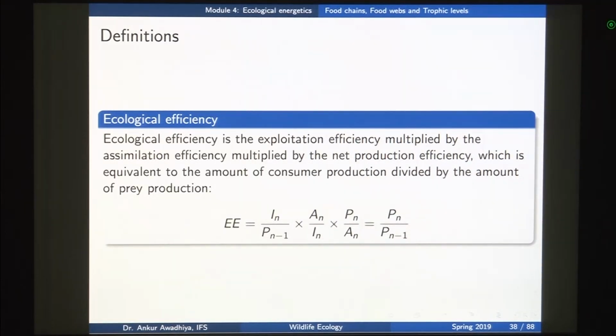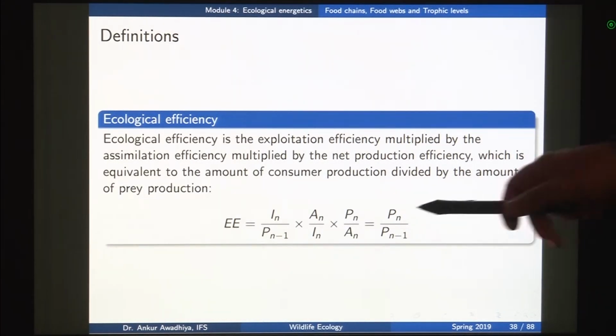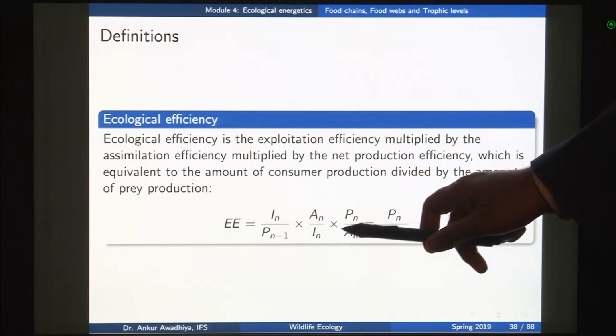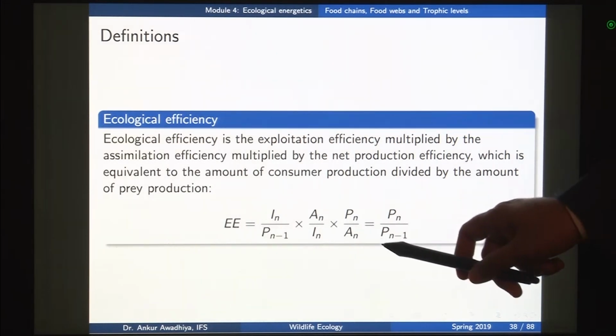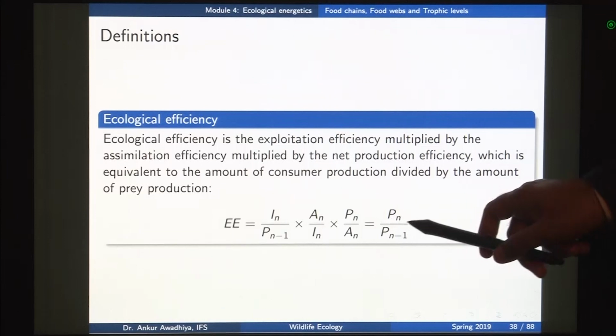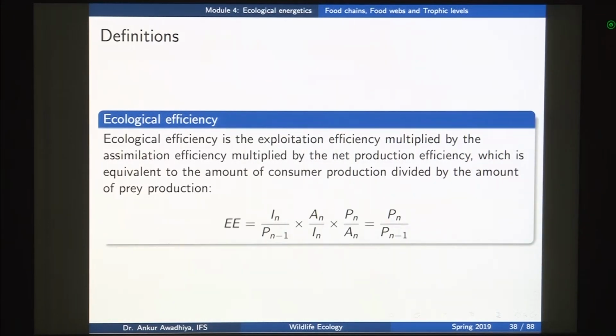You multiply that by the net production efficiency, which is P n divided by A n, and you get to P n divided by P n minus 1, which is the amount that was produced at the previous trophic level, and you have the amount that is being produced at this trophic level.